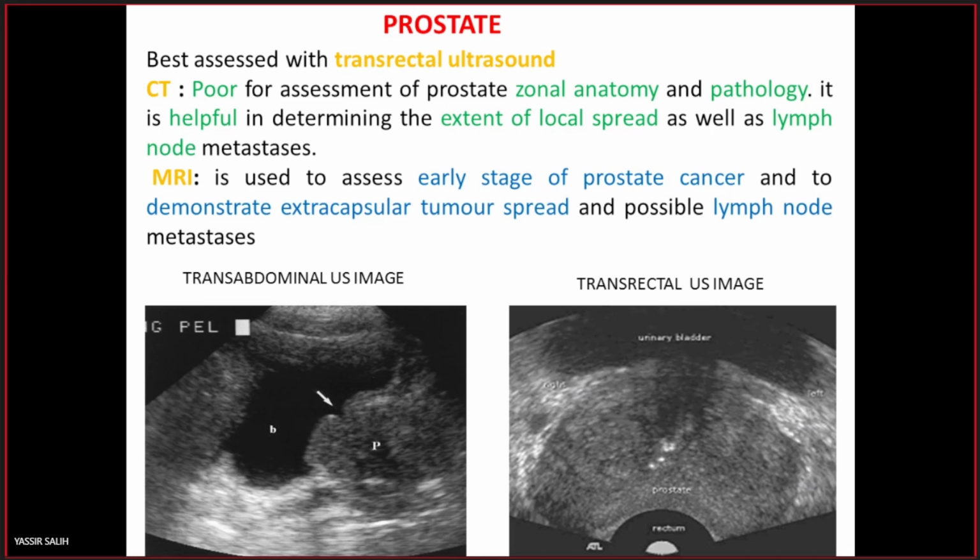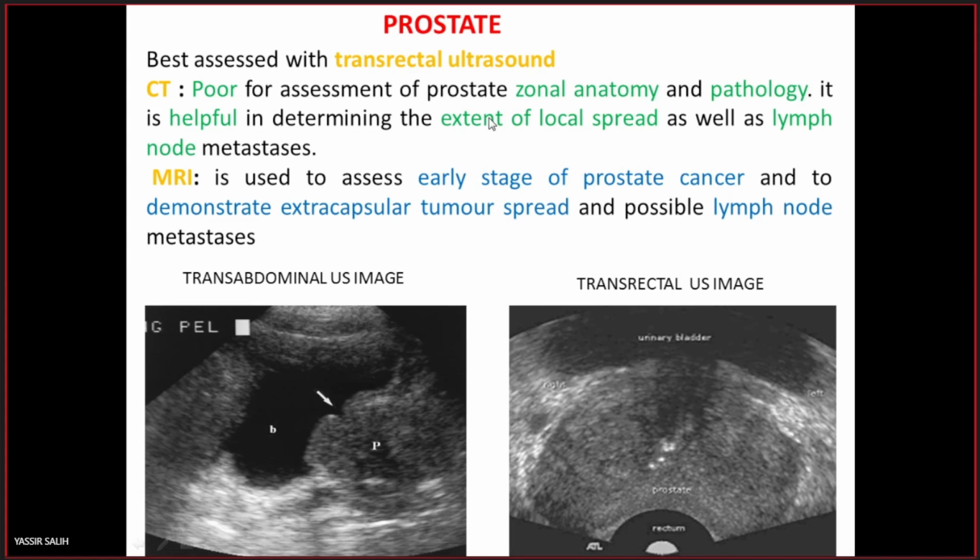We know we have the probe, or transducer. There are many transducers. Some of these transducers or probes can be used externally. The technologist puts this probe on the anterior abdominal wall, on the pelvis, to look at the internal structures. We call this transabdominal ultrasound.